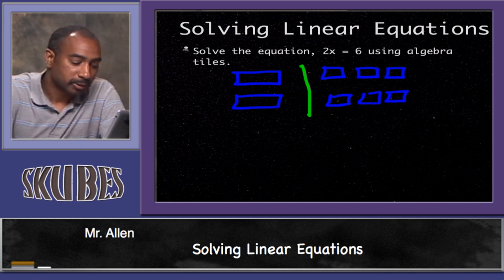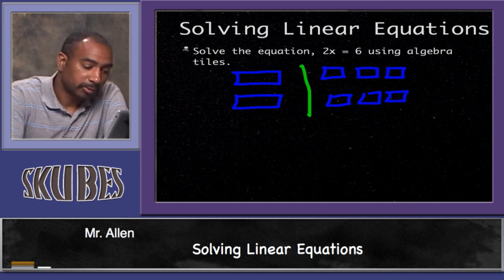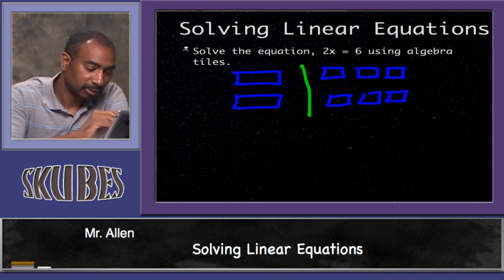Now I lay it this way on purpose because I'm grouping them in groups of 2. I have 6 ones, but notice that they're evenly spaced. I have 3 groups of ones.